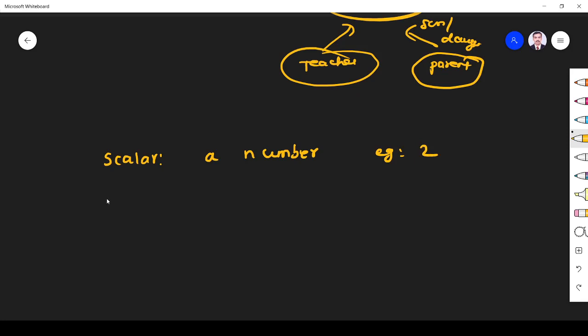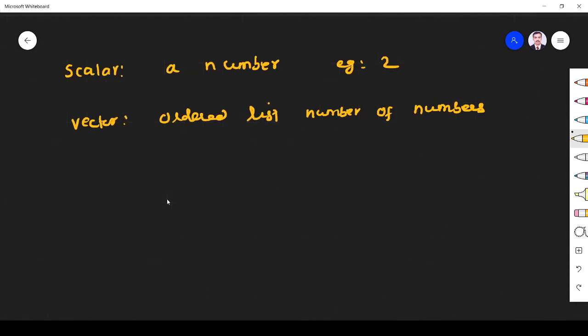Next, vector. A vector is an ordered list of numbers. This is the way a computer science student will define a vector. This ordered list can be either a row or a column.